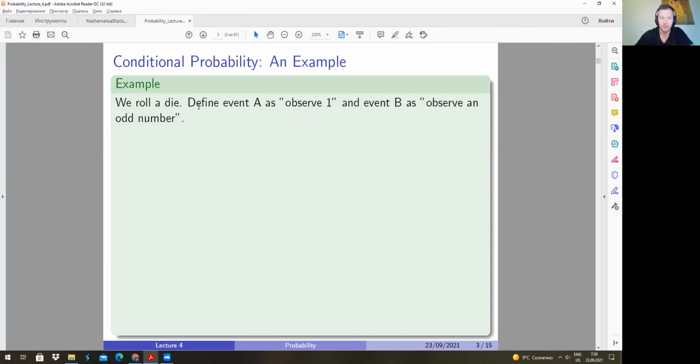A simple example: we roll a die and we have two events. Event A: observe 1. Event B: observe an odd number. So right away, what is the unconditional probability of event A? This is very simple.